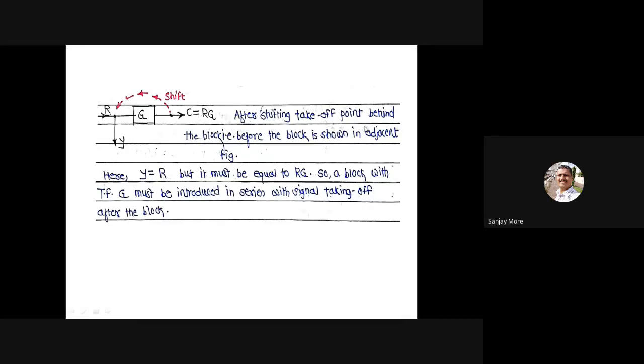After shifting the takeoff point behind the block, this is the takeoff point shifted behind the block or before the block. Here, Y is equal to R, but it must be equal to RG. So a block with transfer function G must be introduced in series with the signal taken off after the block. Okay, write down.